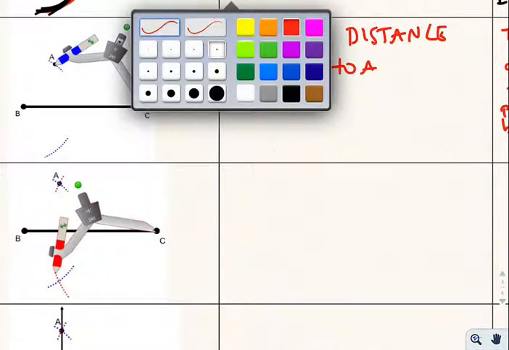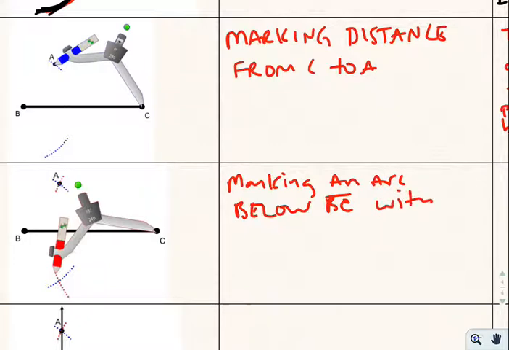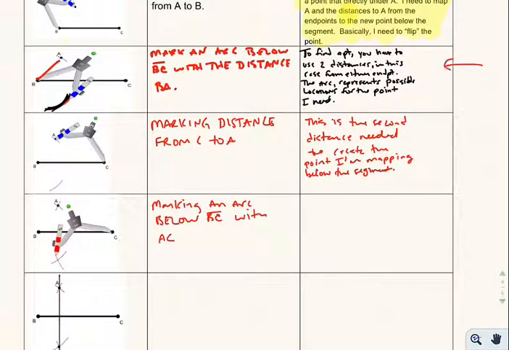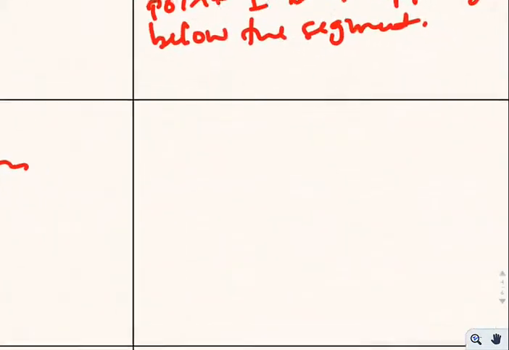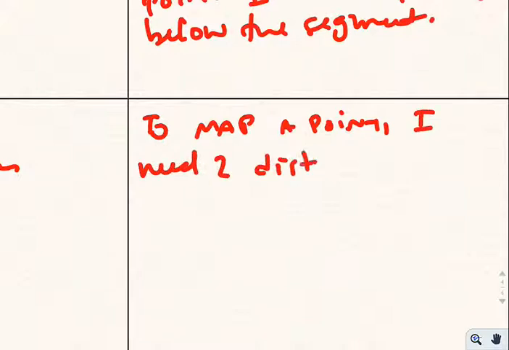Now I'm actually marking an arc below BC with that distance I just found, which is AC. And again, that's a distance, so I don't have to put the little segment symbol above it. Why I'm doing this is the same reasoning as before: to map a point, I need two distances.